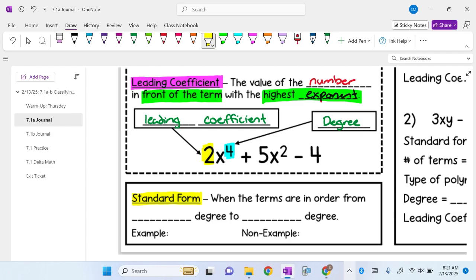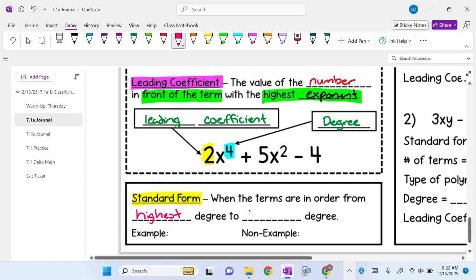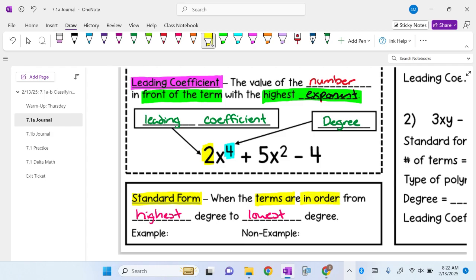So basically, when we talk about standard form with polynomials, we want the terms in order from highest degree to the lowest degree. So terms are in order from highest to lowest. So basically, you take the exponents and you put them in order from highest to lowest.